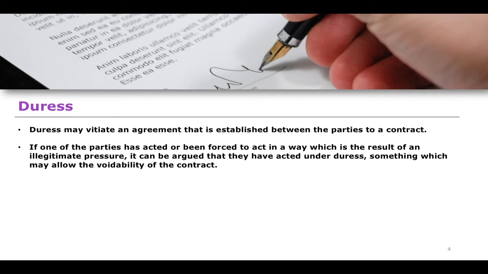It would essentially make the contract voidable. So this is quite a broad definition. Essentially, if you have some kind of illegitimate pressure placed upon you to come to a conclusion of a contract, then this makes the contract voidable. You are able to then void that contract yourself.